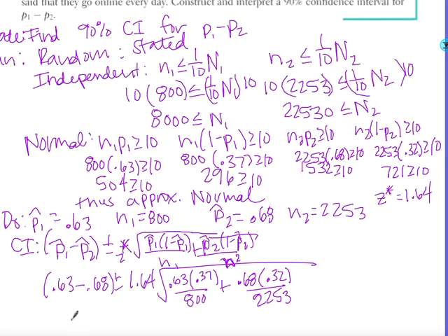Whenever you work all of that out, you would get a lower bound of negative 0.0823 and an upper bound of negative 0.0177.